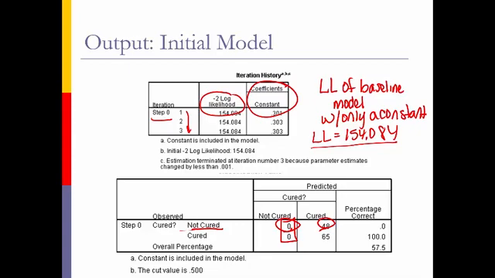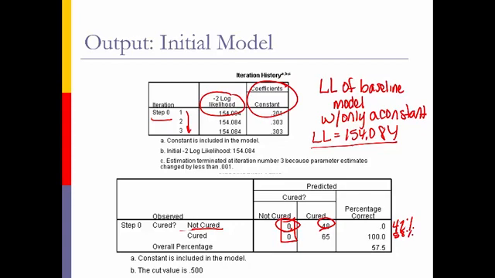So we have 113 data points, and either everybody is cured or everybody is not cured. So essentially we have 48 divided by 113. We have 42% that is not cured, and we have 58% that is cured.